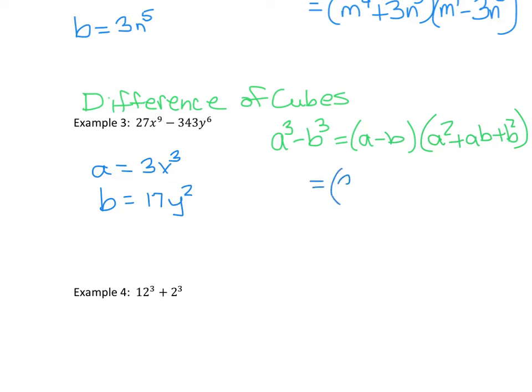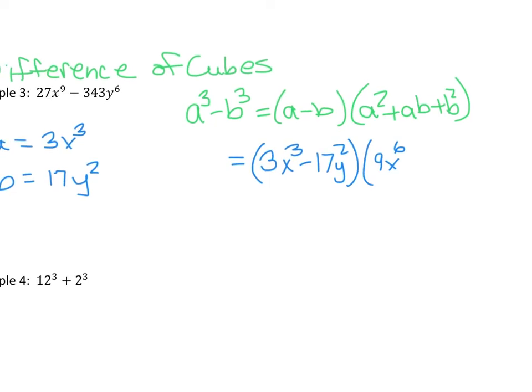So a minus b is going to be 3x cubed minus 7y squared times 3x cubed squared is going to give us 9x to the 6th. And now we have their product.